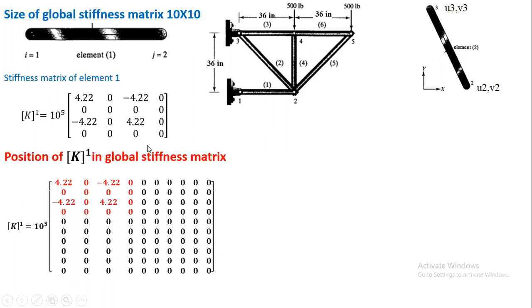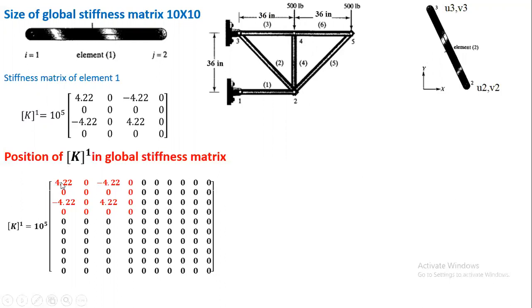Now as per the rule of assembly, if a node is not attached to the element, then the coefficient of the stiffness matrix corresponding to that is 0. Okay. Now this is a 10 by 10 matrix. Now see here, this term is related to the displacement in x direction. Now node number 1, this is k11.